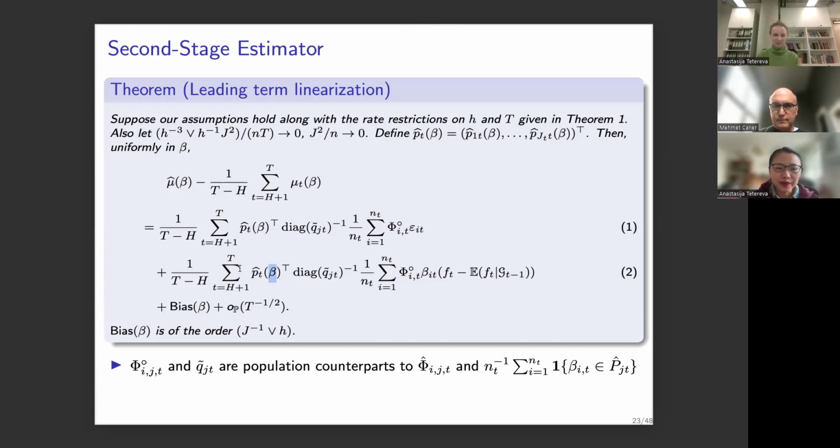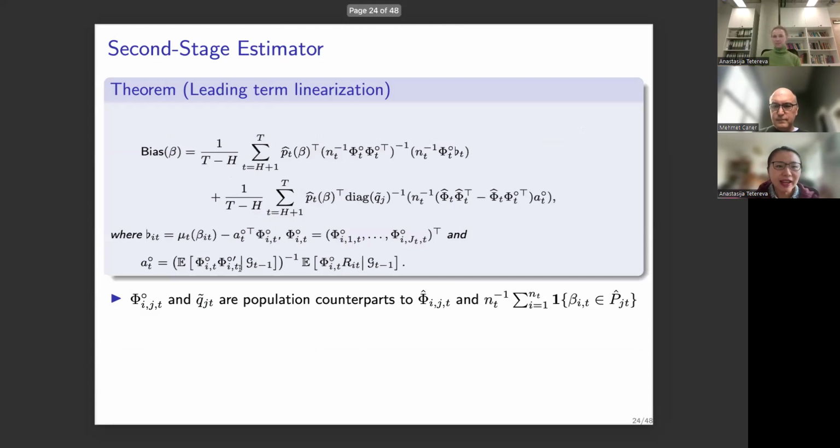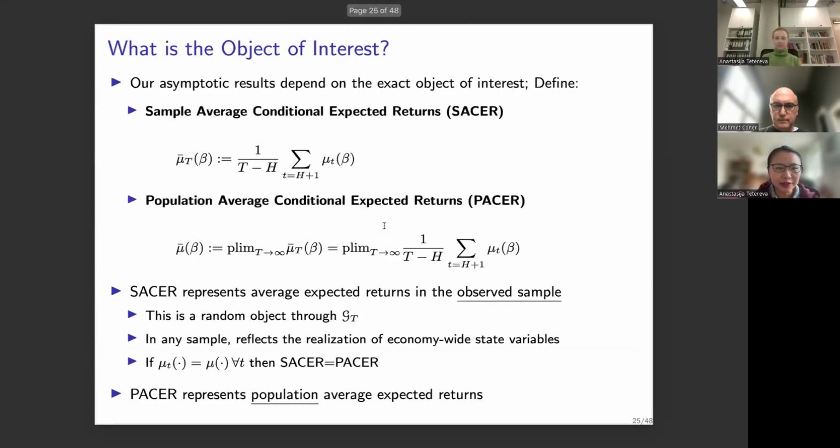Okay, so essentially we have two terms, and the bias is something we derived. Then we have two types of estimators, an update from the previous talk at NBER. We have the sample average conditional expected returns, CASR, and the population average conditional expected return, called PACER.